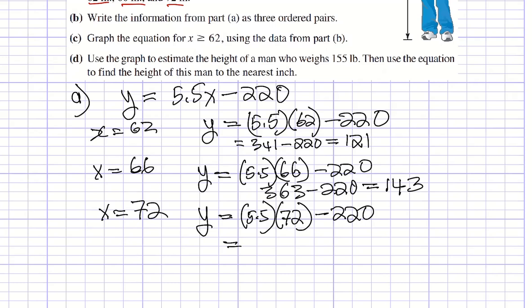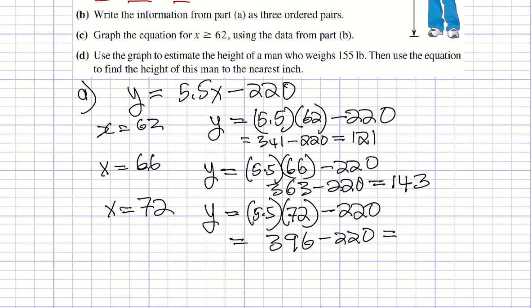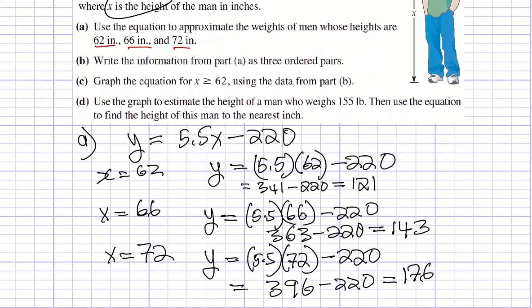Don't be distracted. Just move on, focus, and you get it. Alright, so 5.5 times 72, you get 396. Okay, minus 220. What do you get? You get 176. So that's all it's asking us to do there.